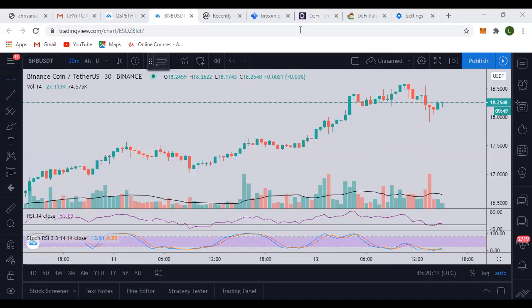Okay. Kindly indicate if you can't see my screen.